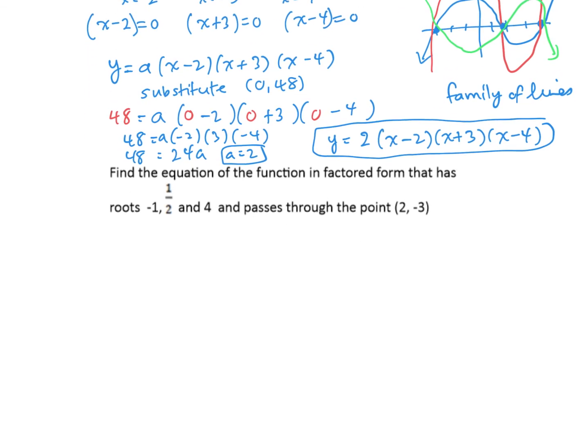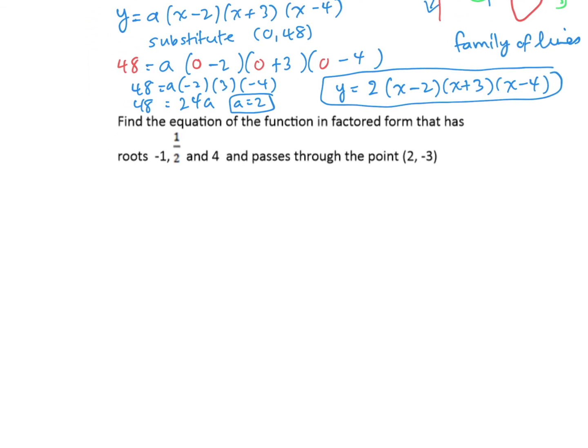The only thing to watch out for is roots that are maybe given as a fraction. We don't really want to put fractions in our factors. So one factor would be x plus 1, and one factor would be x minus 4. Now this 1/2, I don't really want to put a fraction in a factor because it's not really proper form. We like to have just whole numbers.